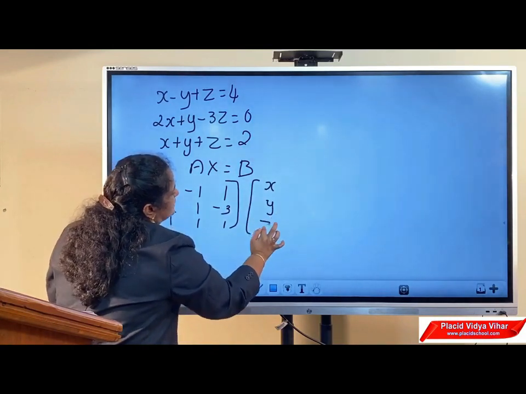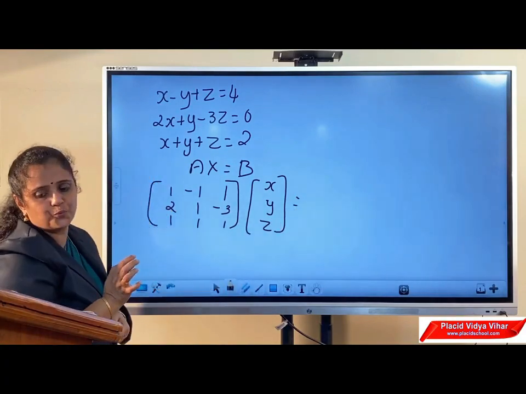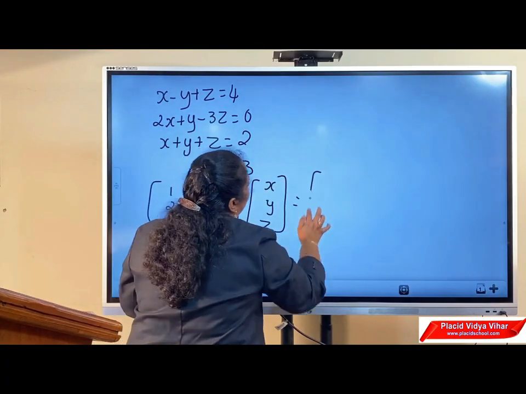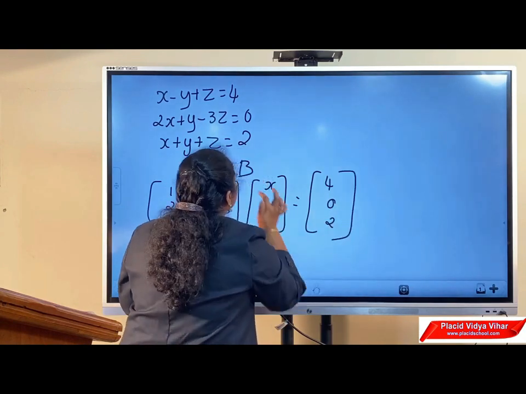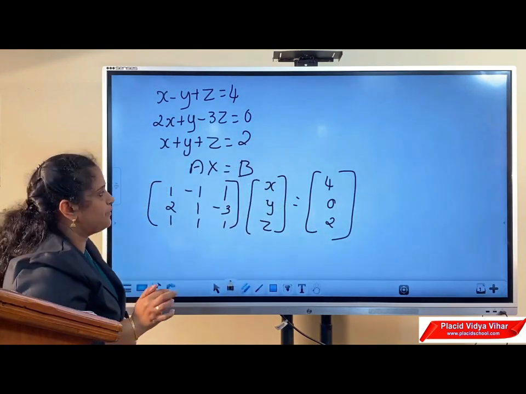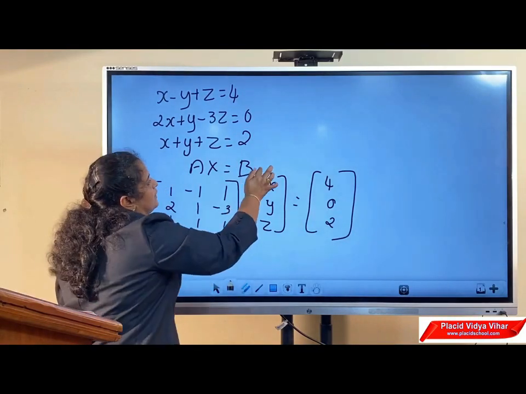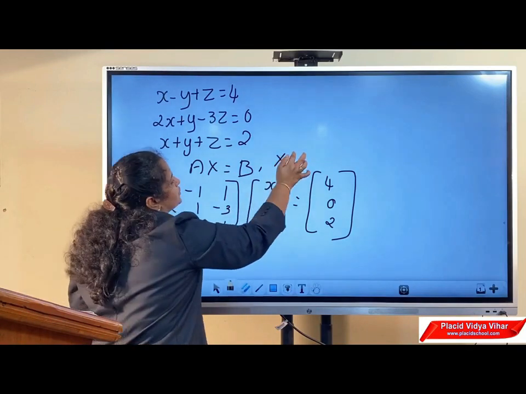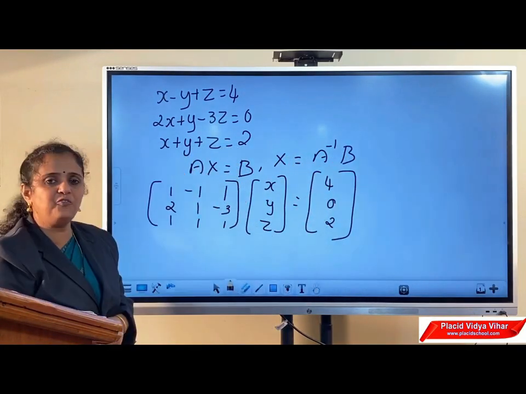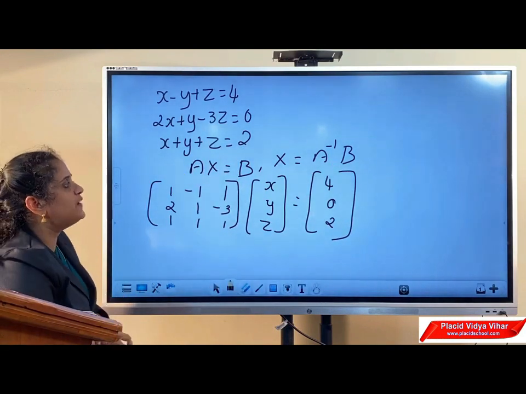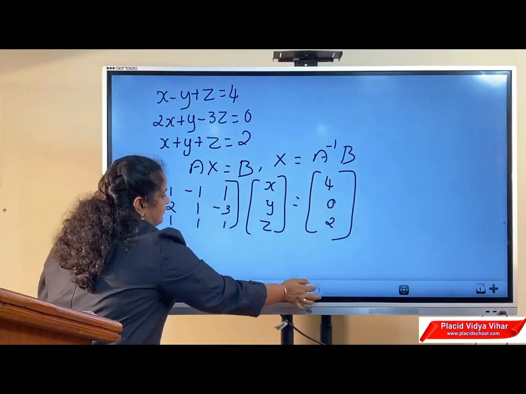B is [4; 0; 2]. Therefore, x is equal to A inverse B. A inverse we can find out. A inverse is equal to adjoint of A divided by the determinant of A.